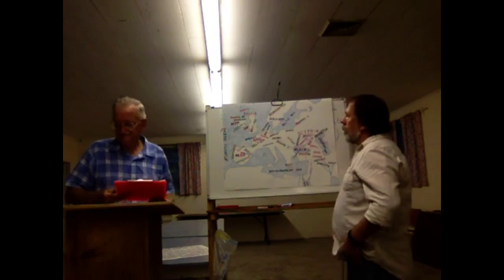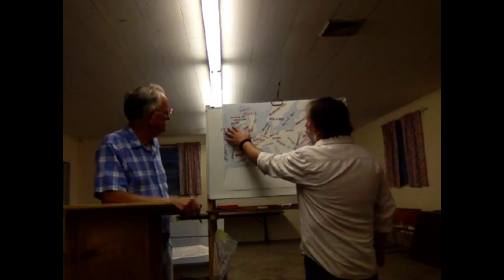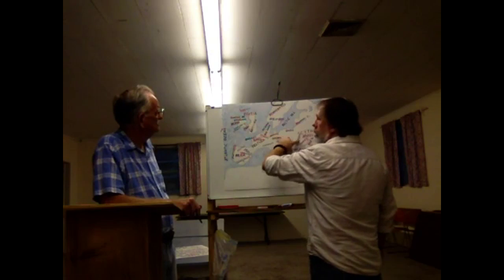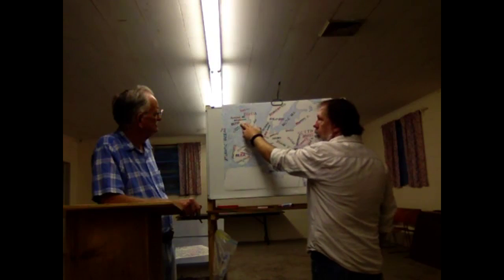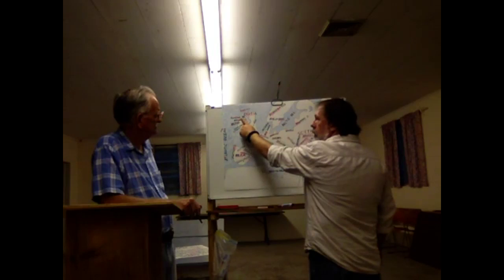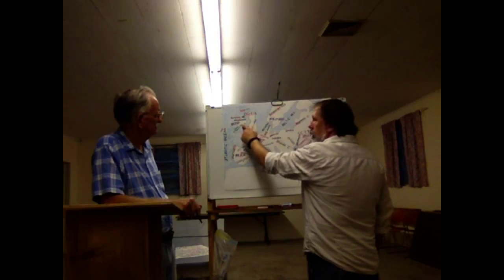Now, here's a question that was also asked, and I'm glad you got this up here. Tribe of the Danes. Now we know Zerah's line ended up here also. So can you have a mixing of two tribes here? Because you got the Danites here, but then you also got the Jewish line.